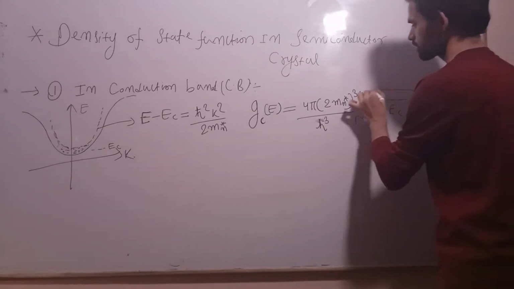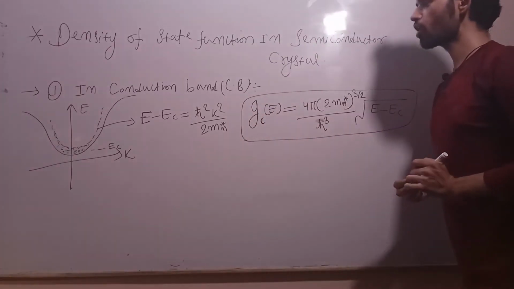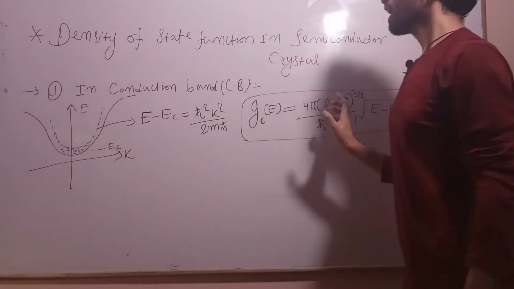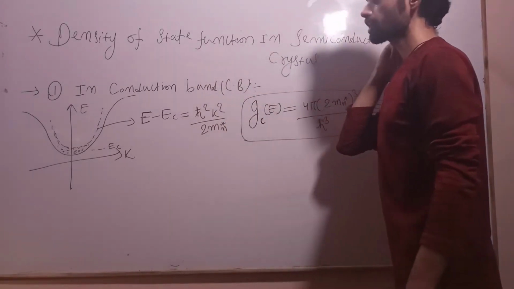Here mn star is the effective mass of the electron in the conduction band. This is the density of allowed quantum states, or density of discrete energy states, in the conduction band.